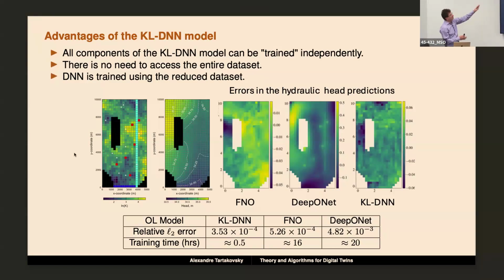So now, the KLDNN model uses linear representations of stochastic processes. We train them separately, so we lose some representability, but at least for this problem, we find that the error is relatively small, smaller than in FNO and DeepONet. Of course, those models are more representative. They have more trainable parameters.